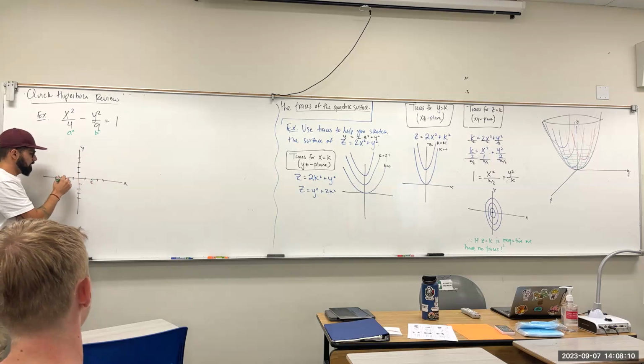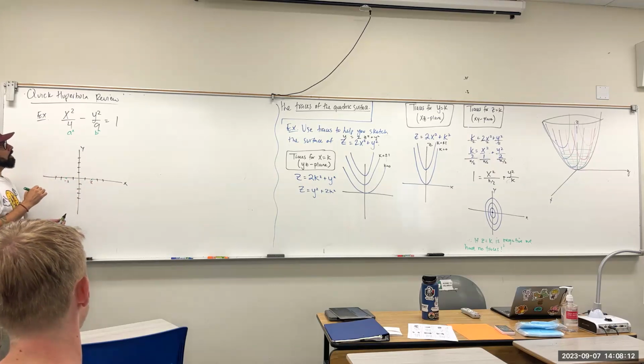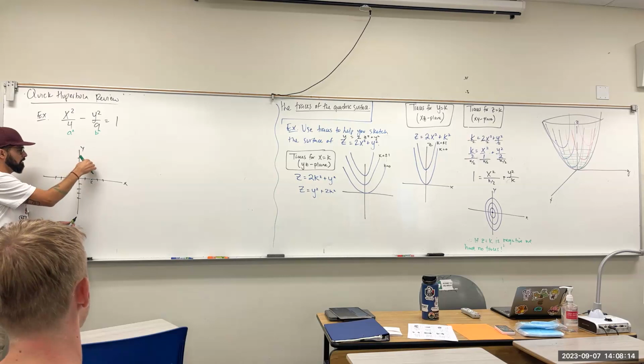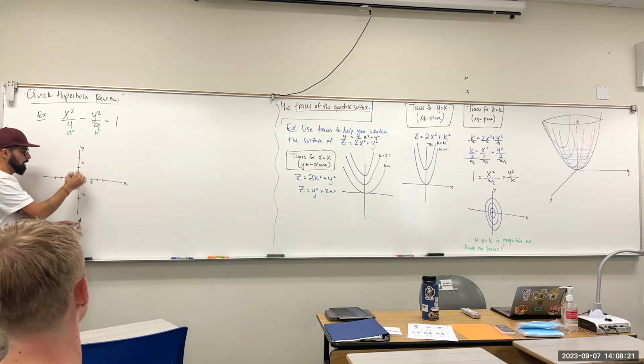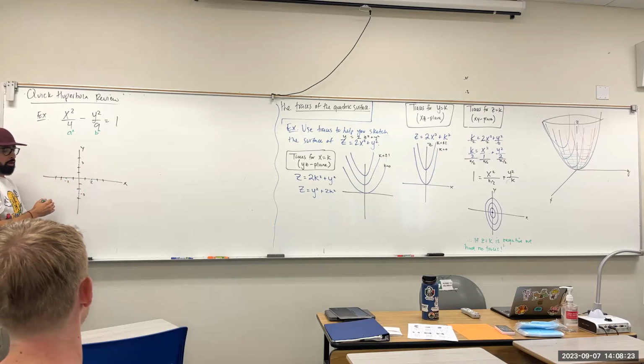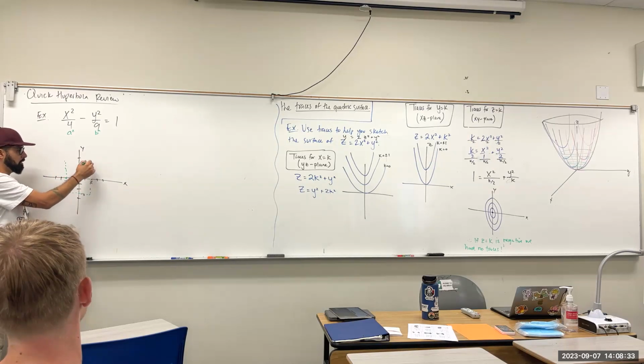And for y, b would be 3 and -3. So you would go to -3 and 3. And what you do is you draw a little rectangular box so that it goes up as high as negative and positive 3 and side to side -2 to positive 2.